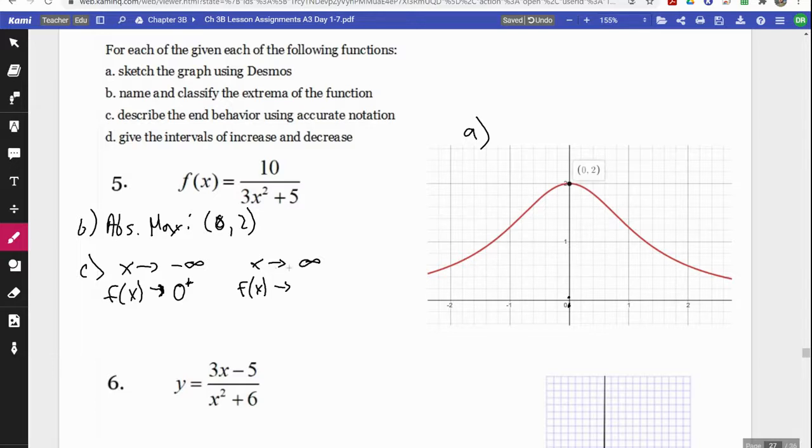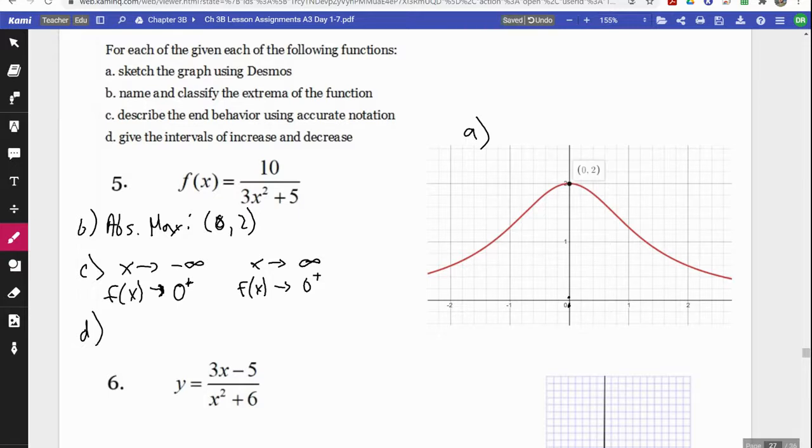Similarly, as x approaches infinity, marching to the right, our function is getting closer and closer to 0, again, on the positive side. It would be down here if it were approaching 0 on the negative side. Okay, that's end behavior.